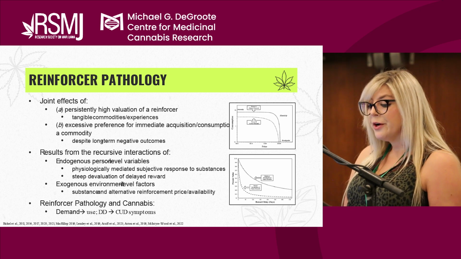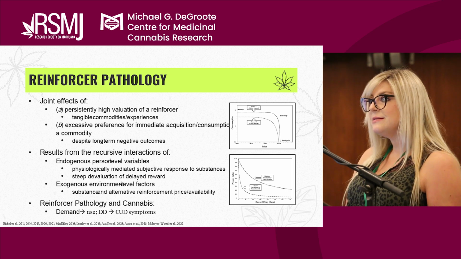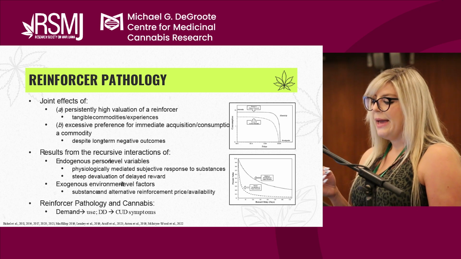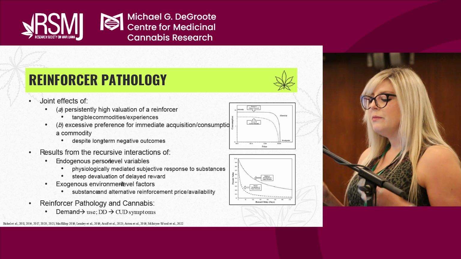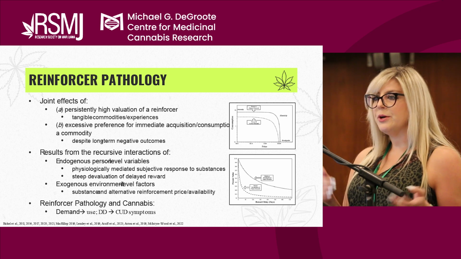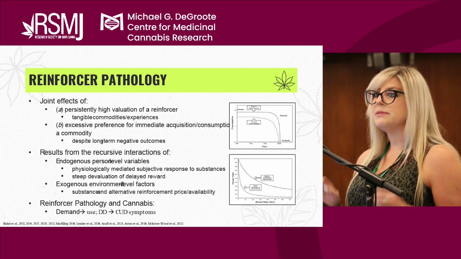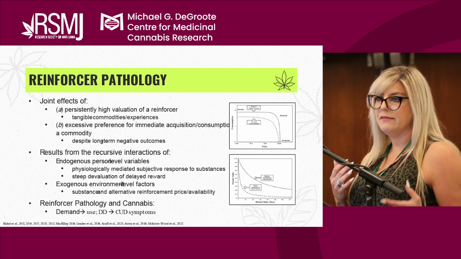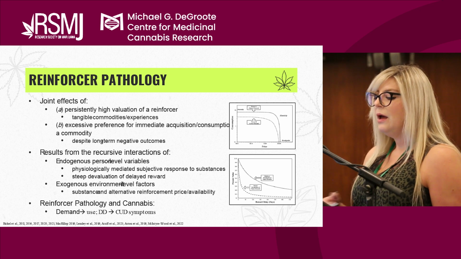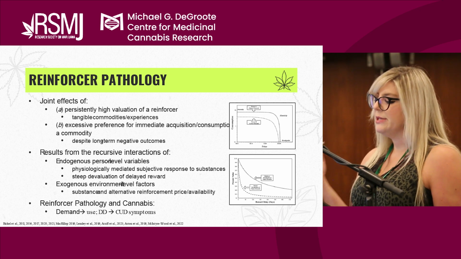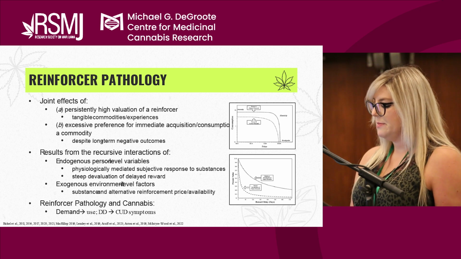We have confirmed that reinforcer pathology exists among those who use cannabis across several studies. And typically, we don't see an interaction between demand and discounting predicting things like use or problems, but we see them separately predicting use and problems. Typically, it's some kind of demand index that's predicting use, and then some kind of delay discounting variable that's predicting problems or CUD symptoms.